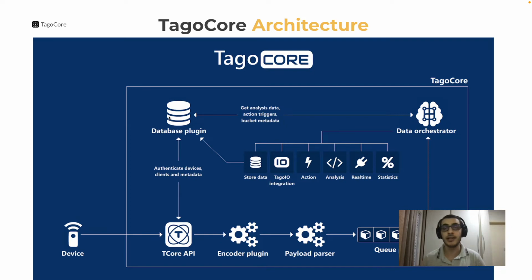Now, keep in mind, guys, that this is not the full architecture of TagoCore because TagoCore is honestly pretty huge. So, for instance, we don't include the ability for you to create custom HTTP servers or custom servers such as MQTT. Our MQTT plugin doesn't fit this narrative in the sense of this part right here, because this device is sending HTTP data.